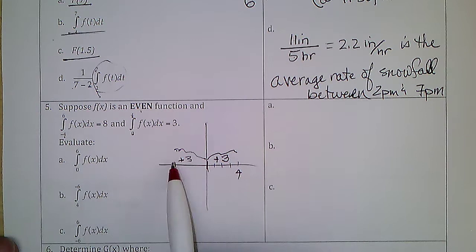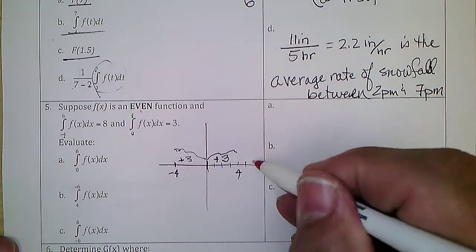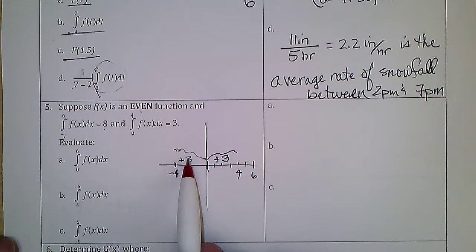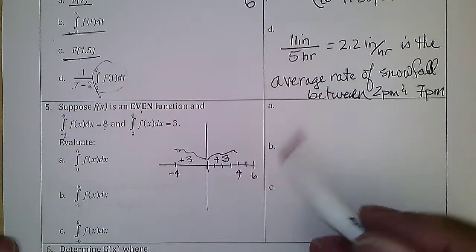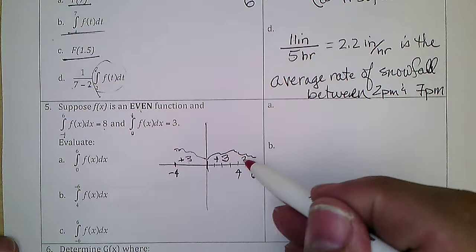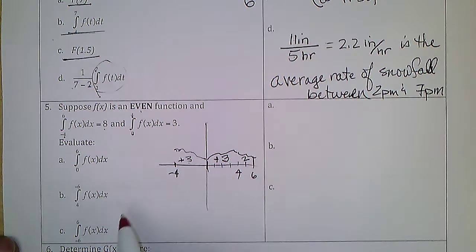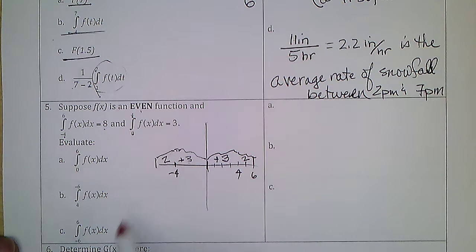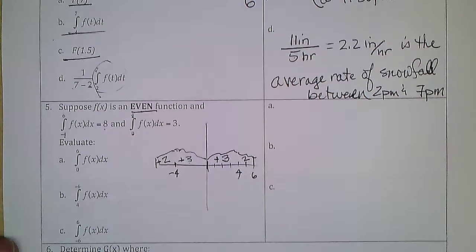It says from -4 to 6, there's a total of 8. 3 plus 3 is 6, so there must be 2 more over here to make a total of 8, which means on this side there's 2, also plus, because they match left and right when it's even.